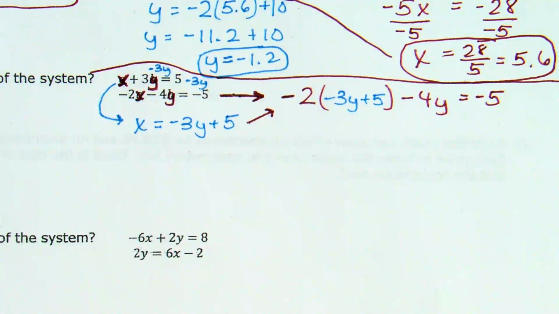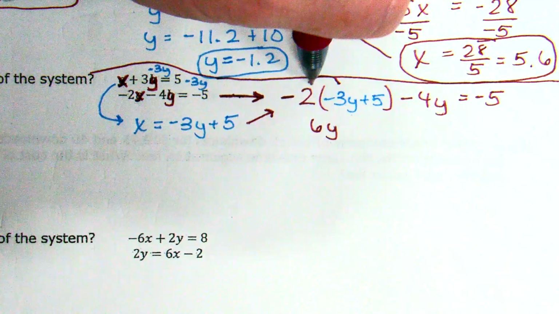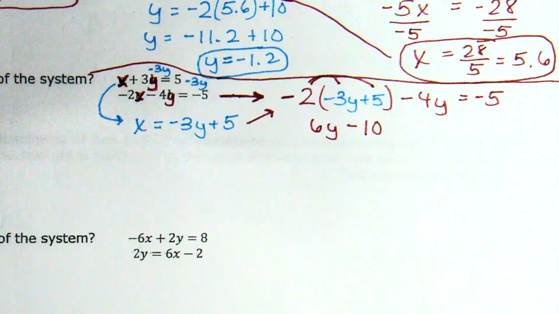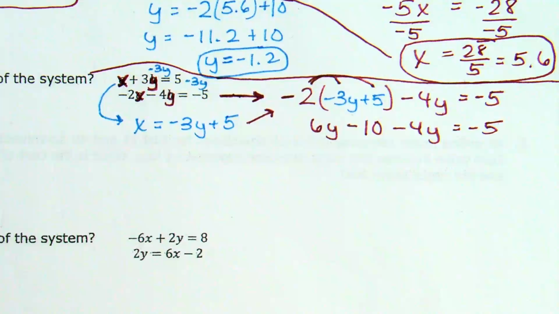Negative 2 times negative 3y is going to be plus 6y. Negative 2 times 5 is minus 10, still minus 4y, still equals negative 5. On the left, put the like terms together. Something I want to point out from chapter 1.